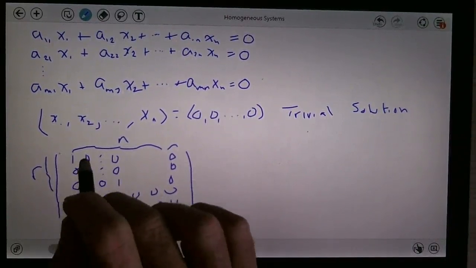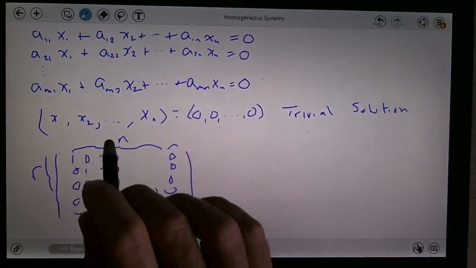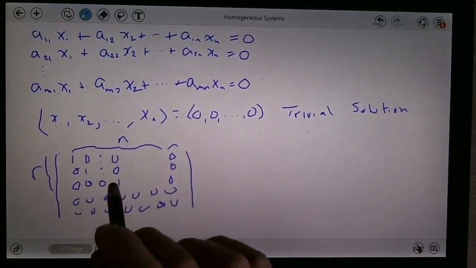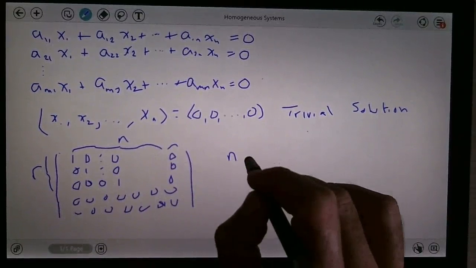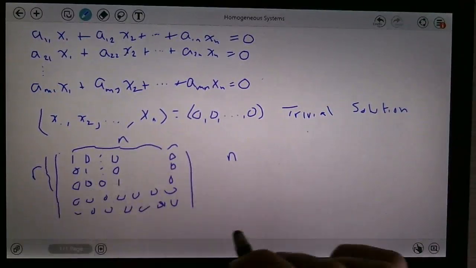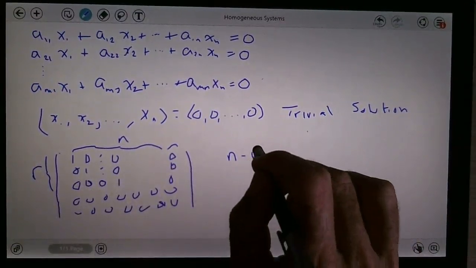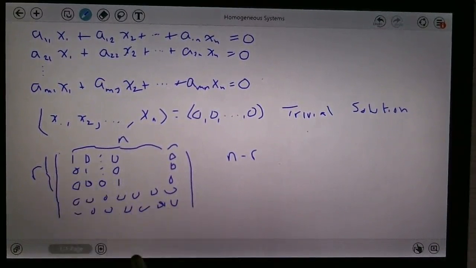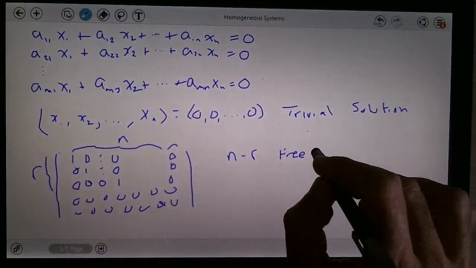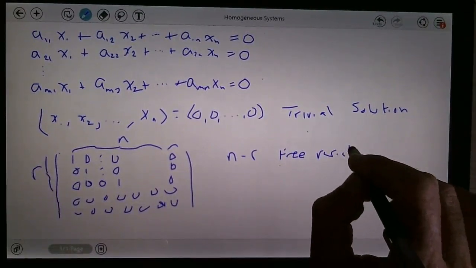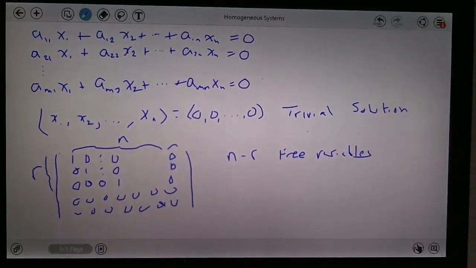And if there are r leading ones, each leading one is in a column by itself. So how many columns are left? Well, there are n columns total corresponding to variables, and r of them correspond to leading variables. So there are n minus r free variables.